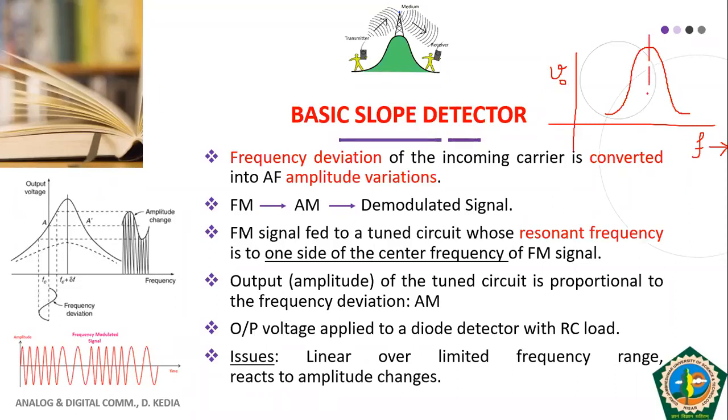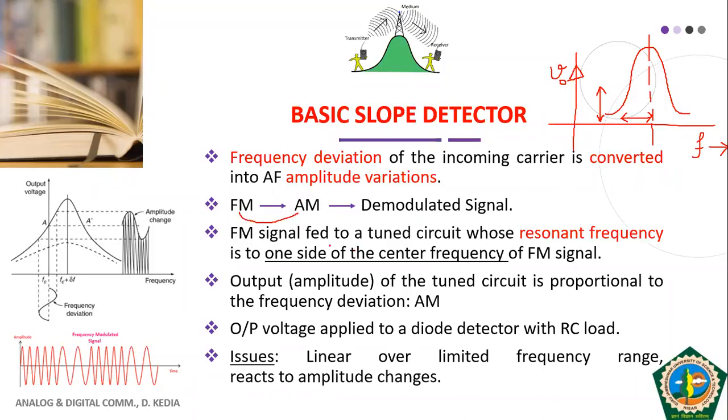So as your frequency changes, your amplitude changes. This is how your filter works, and the same concept we are trying to use here. So we are changing the frequency, and as a result, we are getting the amplitude changes. That means with the help of this resonant circuit, we are converting our FM to AM.